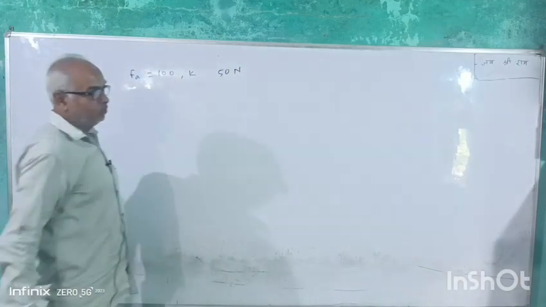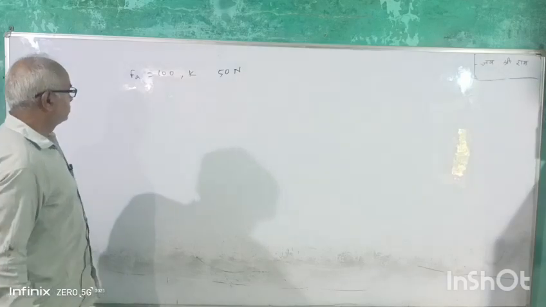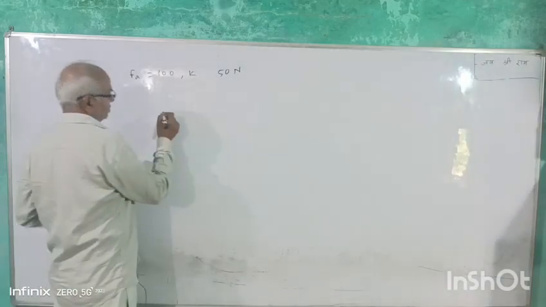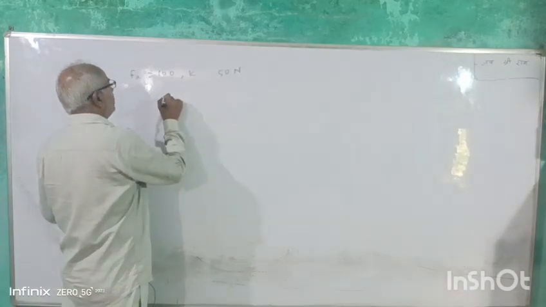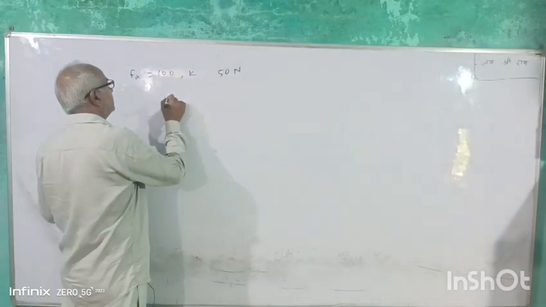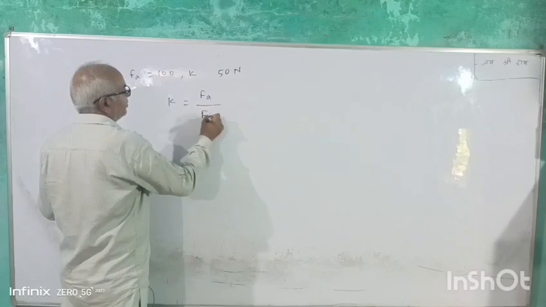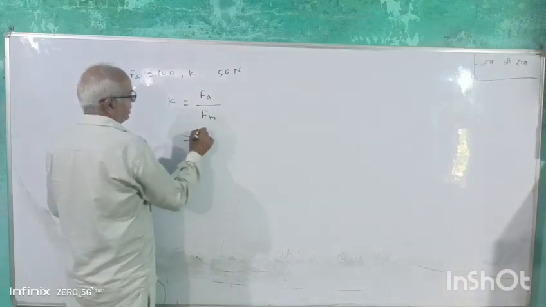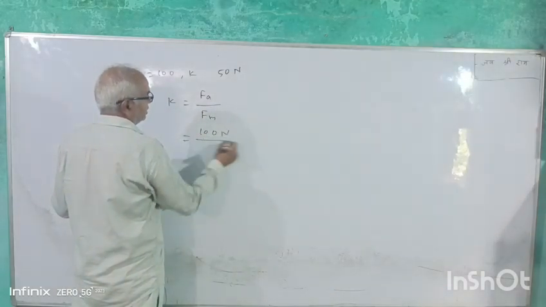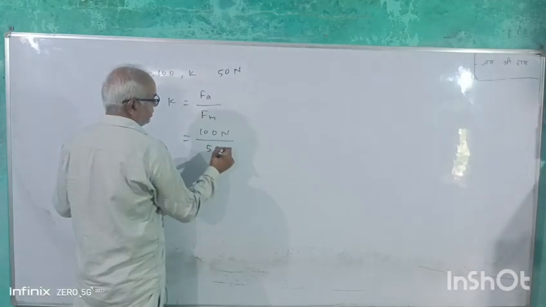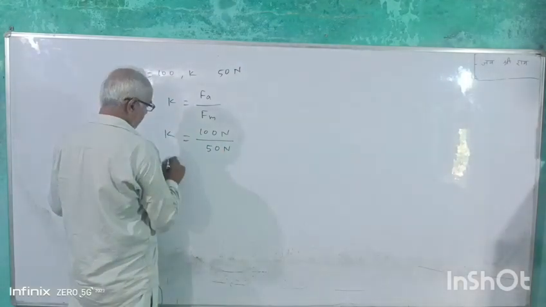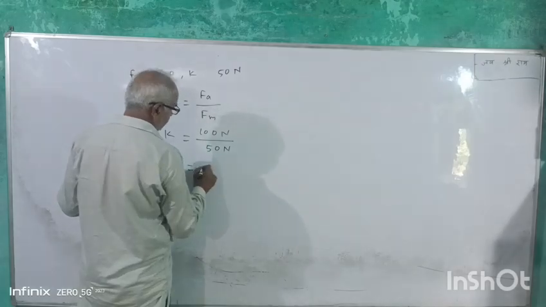Then what is the value of dielectric constant? We can easily calculate this by the formula K is equal to Fa upon Fm. Fa is 100 Newton and Fm is 50 Newton. Therefore, the dielectric constant of the medium is 2.